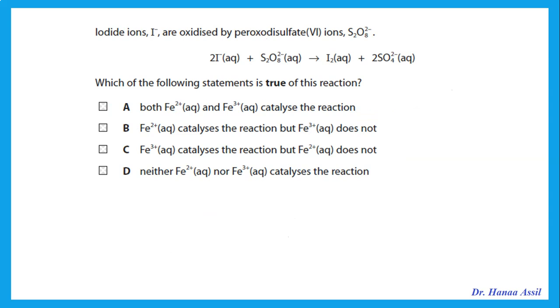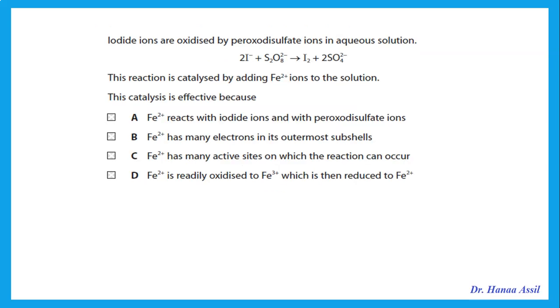Iodide ions are oxidized. Again, this is the same equation. We are required to know this equation. Which of the following statements is true of this reaction? Well, we already know that for this kind of reaction, I need iron 2 plus and iron 3 plus to catalyze the reaction. Again, the same equation, and the question is, this reaction is catalyzed by adding iron 2 plus.